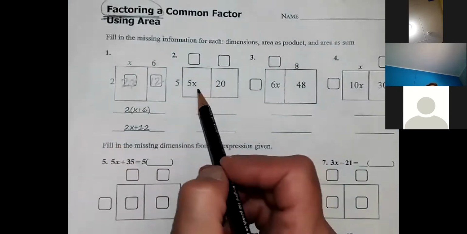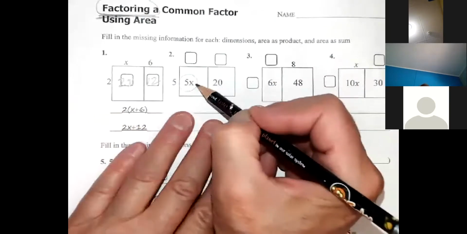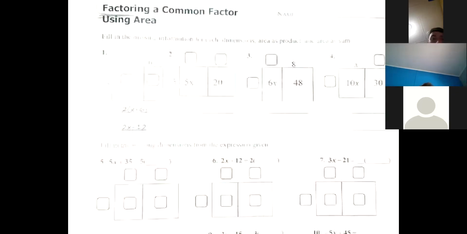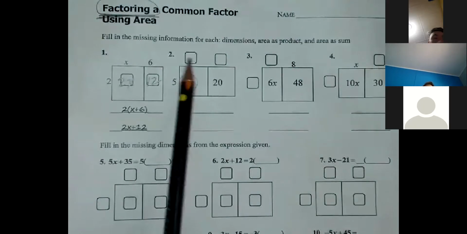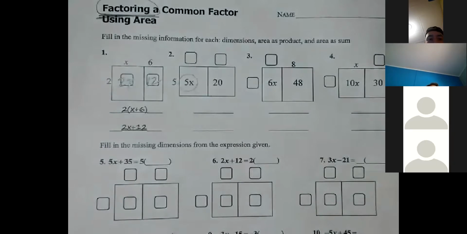Now this one's a little bit different because it gives us the answer. It gives us one of the factors, or one of the numbers that we would have to multiply to get this answer, but the other factor is missing. Let's figure out, well, what times 5 equals 5x?